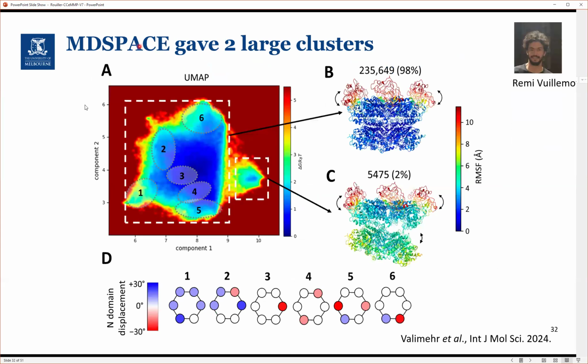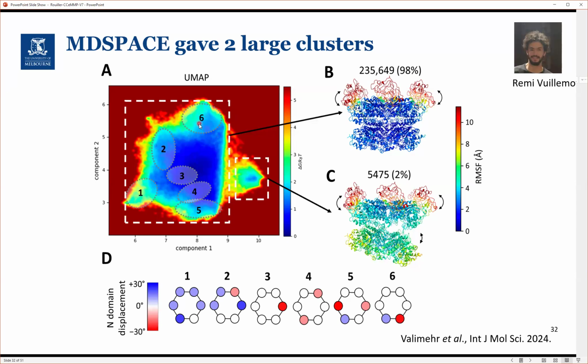So in short, what we could see here is that we had two major clusters of conformation, one large cluster shown here and a small cluster. And the large cluster did not correspond to one conformation, as if we were to put the models together and look at the RMSF, we could see a lot of variability on the N domain, greater than 10 angstrom.